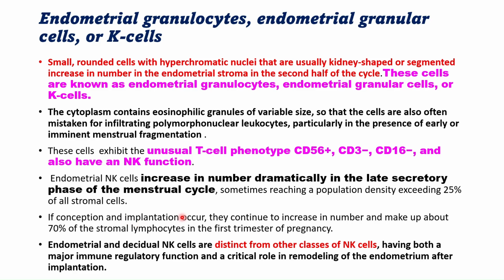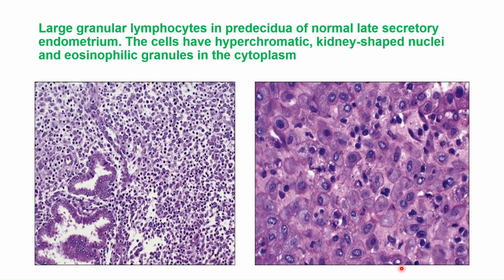If conception and implantation occur, they continue to increase in number and make up about 70% of stromal lymphocytes in the first trimester of pregnancy. These cells are distinct from other classes of natural killer cells, having both a major immune regulatory function and a critical role in remodeling of the endometrium after implantation.